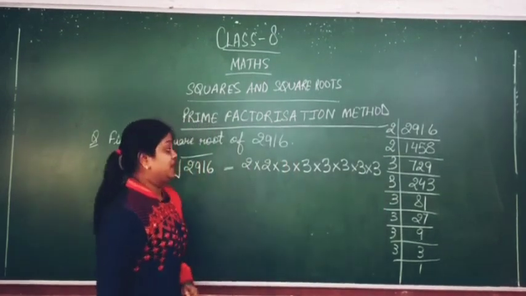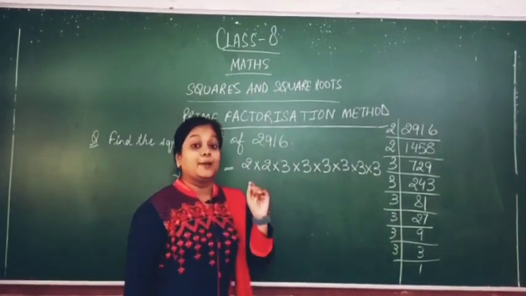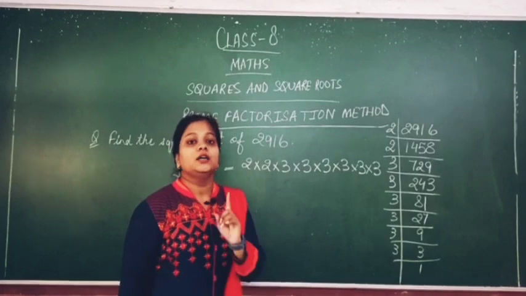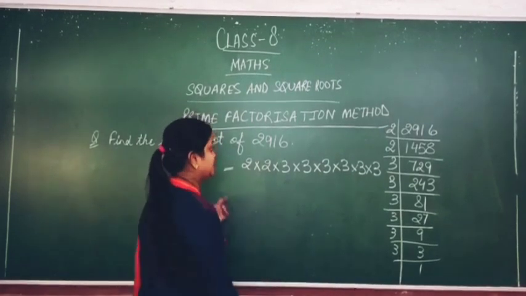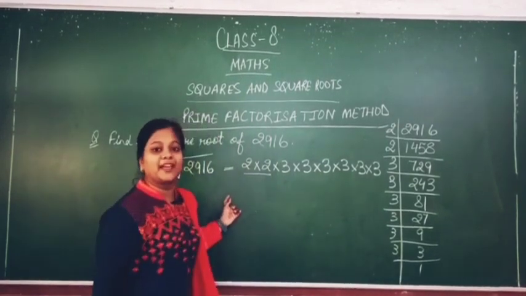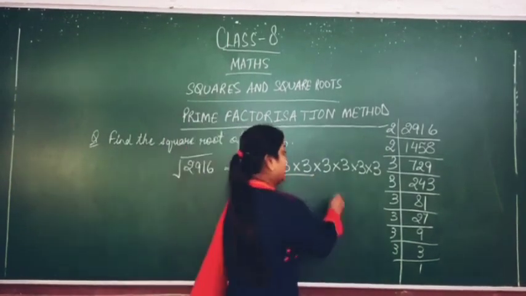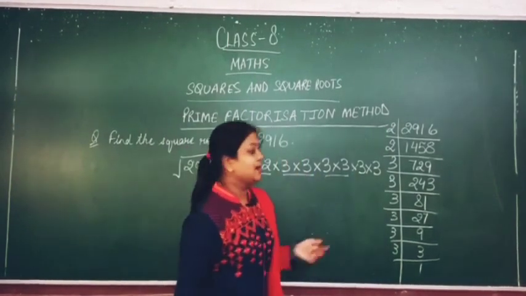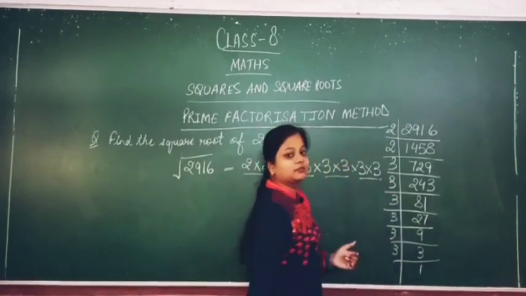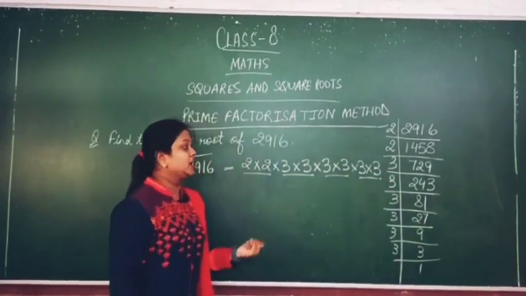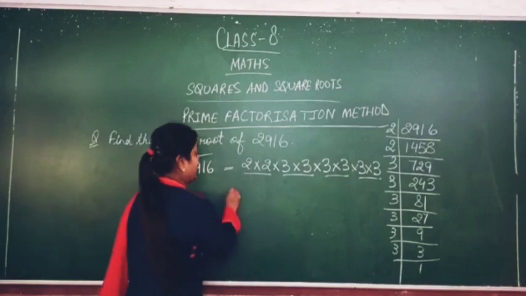Our next step is we'll find the pairs of similar prime factors. Means 2 and 2 will make one pair, 3 and 3 will make one pair, this 3 and 3 will make one pair, and the remaining two 3's will make one pair.